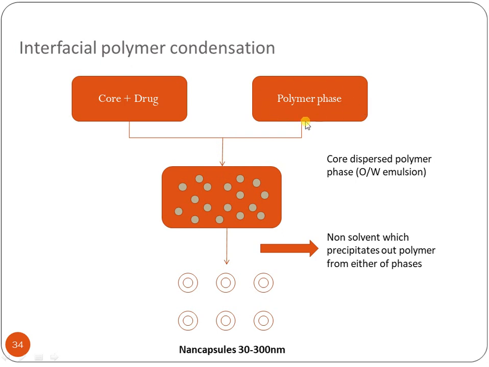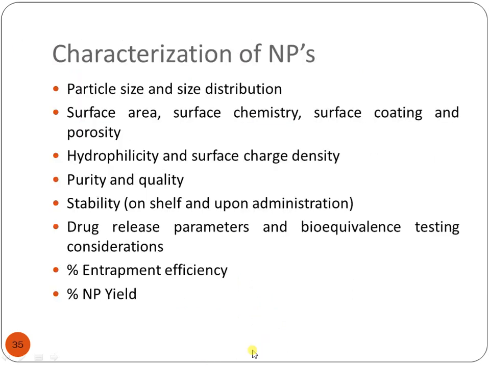First is the polymeric phase, and this is the drug or the core and the other phase. Then a core dispersed polymeric phase or oil-in-water emulsion is formed, and then we add the non-solvent which precipitates out the polymer from either of the phases, and we get the nanocapsules.